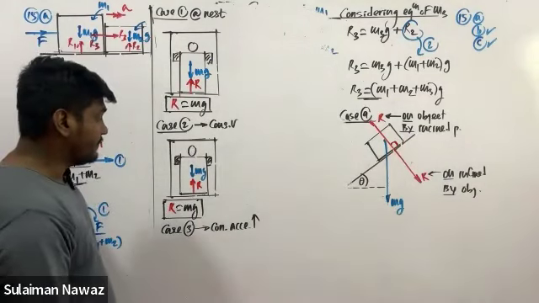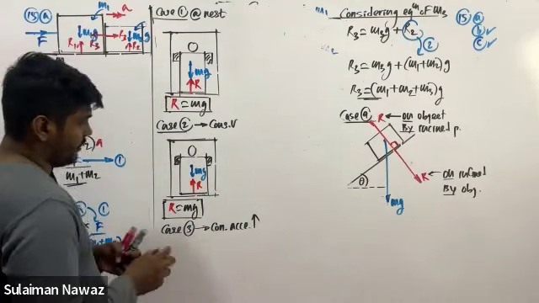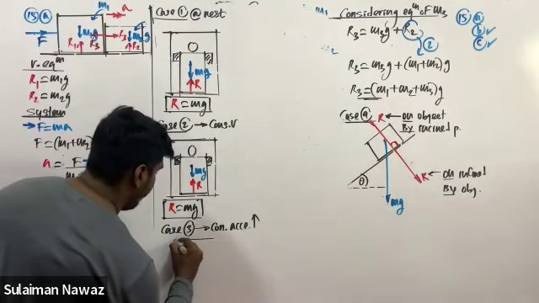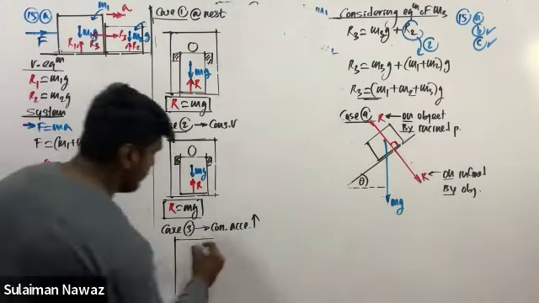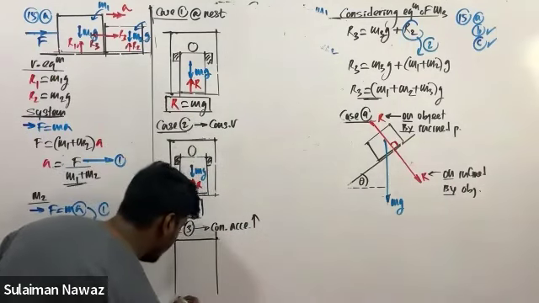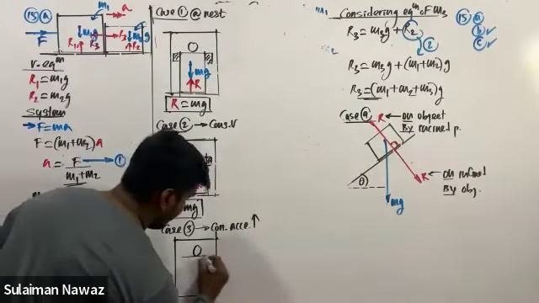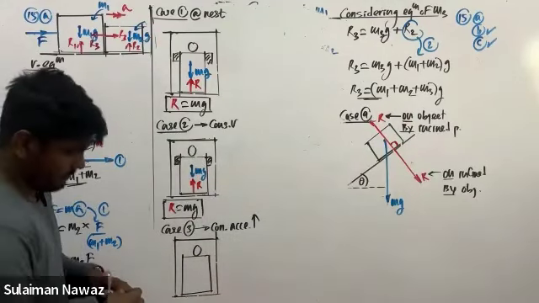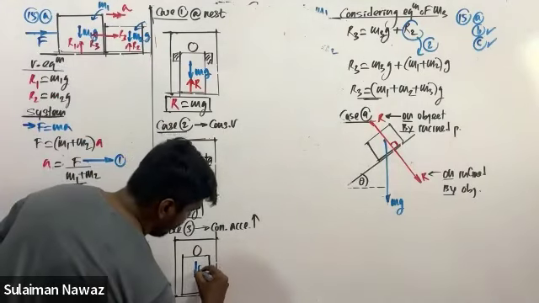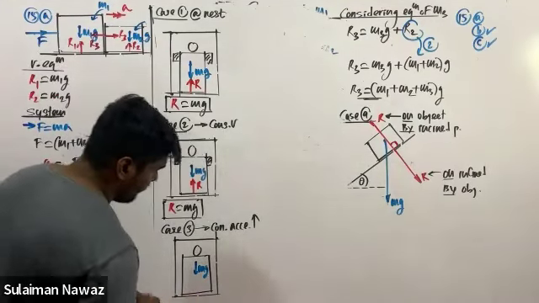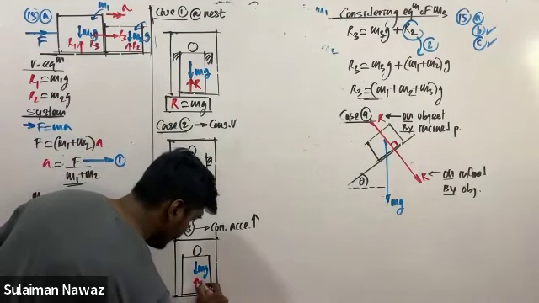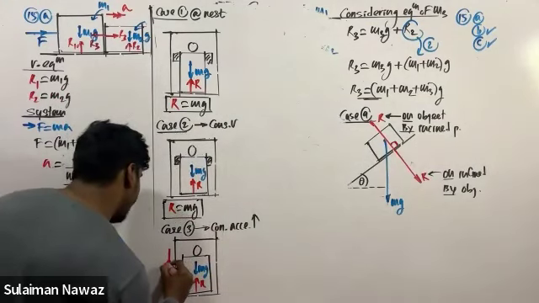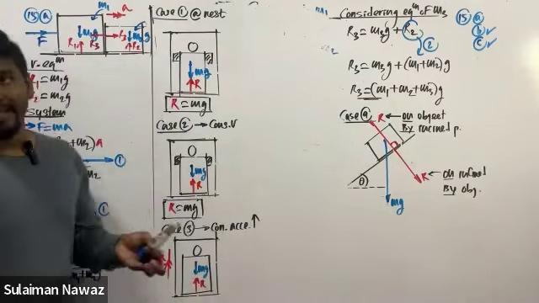Now, what will happen? Your lift, the person, forces mg and R. This time lift is accelerating upwards with acceleration a. The idea is very clear.